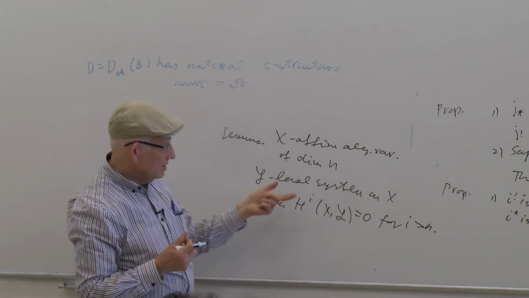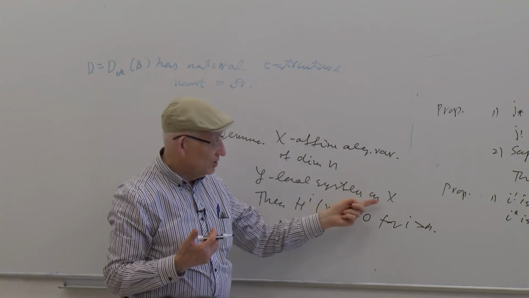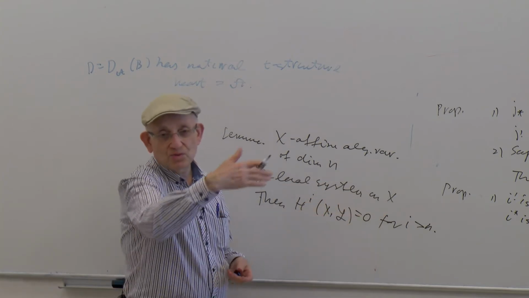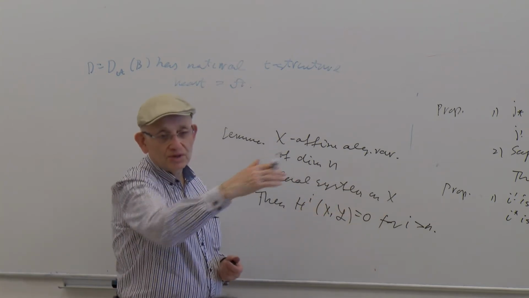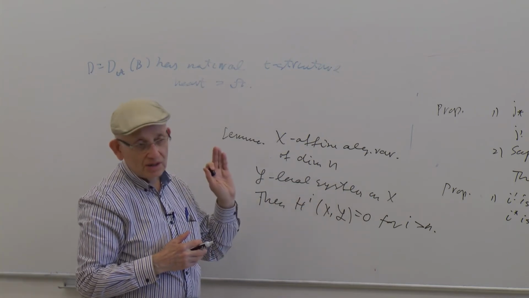In principle, as a real topological space, it has dimension 2n. So in principle, you could expect homologies up to dimension 2n. But the claim is that for affine, it's always bounded by n.